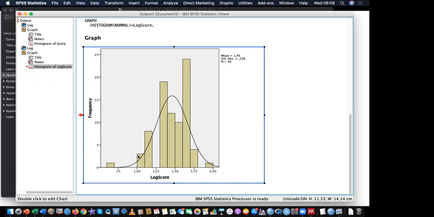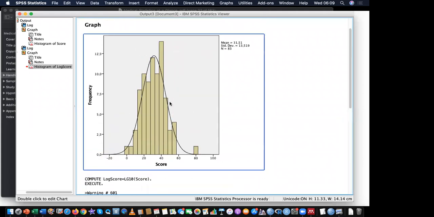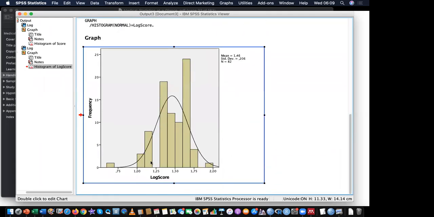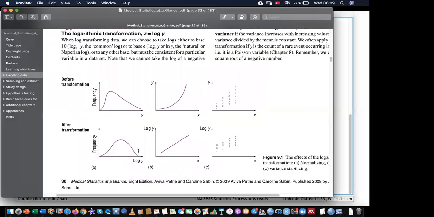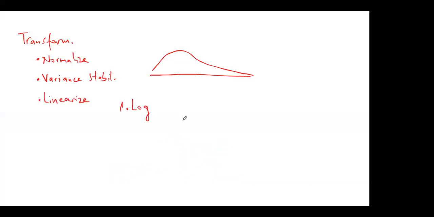Did you understand? Are you following me? If I apply logarithmic transformation to my data, the tail will move to the left. So the rule would be, if I write it down, it is useful for right skewed data.